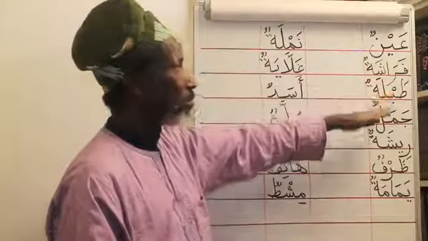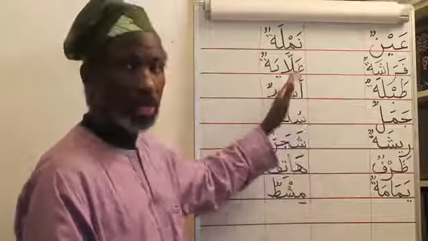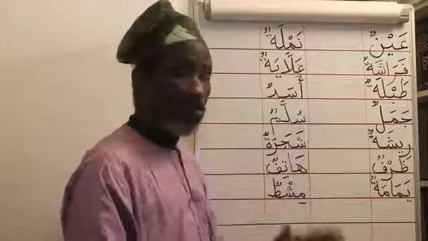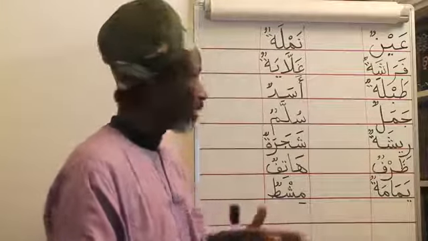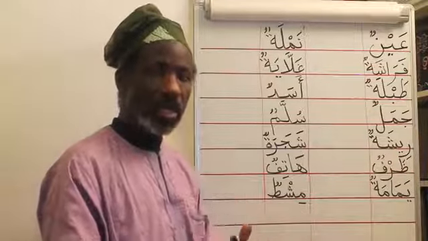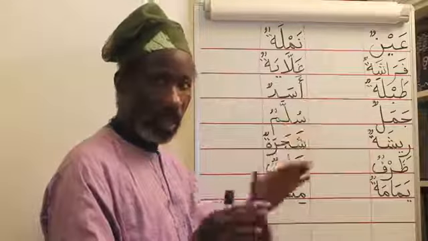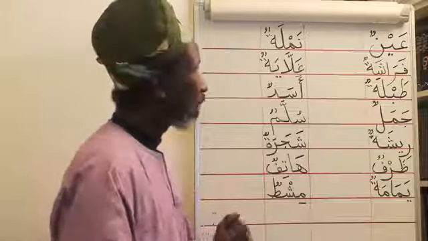Some of them are Qamariya, which is your moon letters, and some are Shamsiya, which is your sun letters. Now, in the book, you need to copy them out and do the exercise by adding "al" and then putting the appropriate vowels after it has been attached. Let's try it out now.